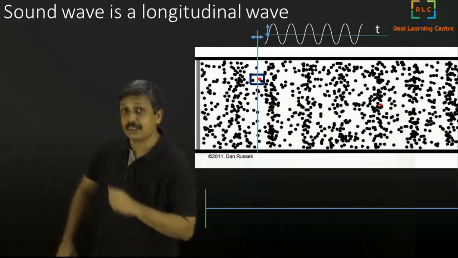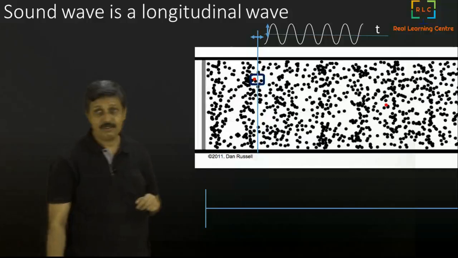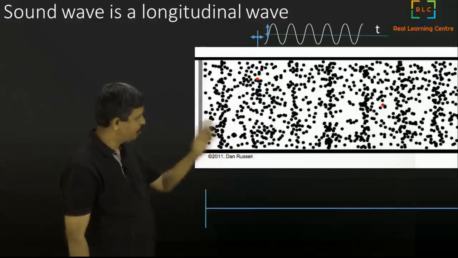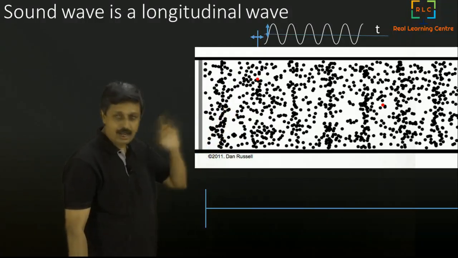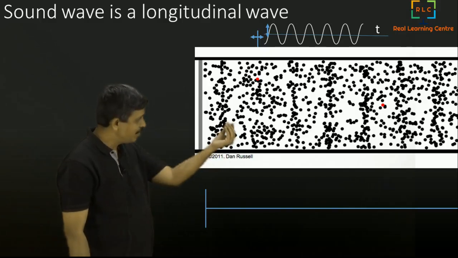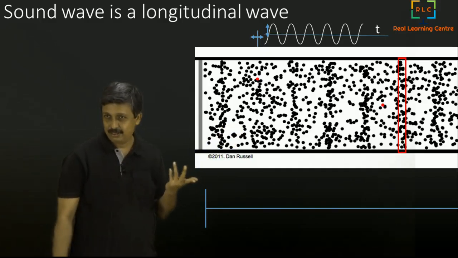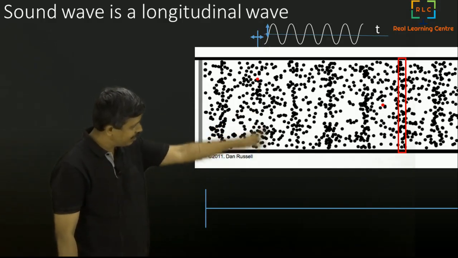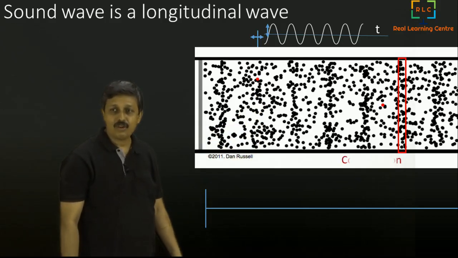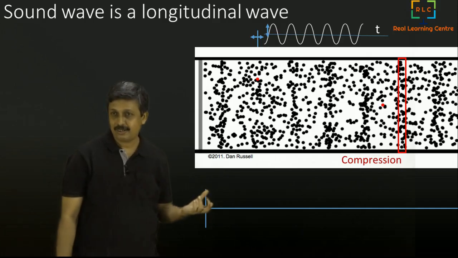But there is one more thing that happens in a sound wave. You can see very clearly, let's say I stop this, and when you stop this, you can see that in some area it is more compressed. Take that area, it is slightly more compressed air, and we call that a compression.